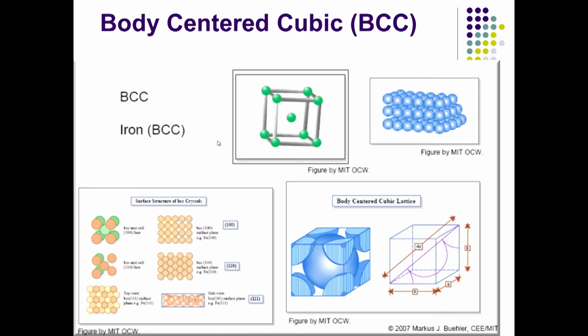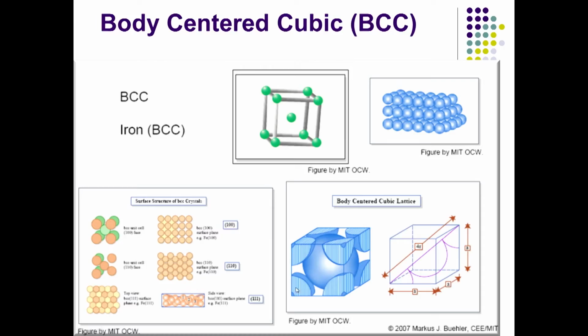The reason it is called body centered cubic is that there are all these atoms around, but at the center of this cell, the unit cell as they call it in crystallography, there is one atom in the middle. If you look at the mass, the center of mass is body centered in this case. So, this is where BCC happens.